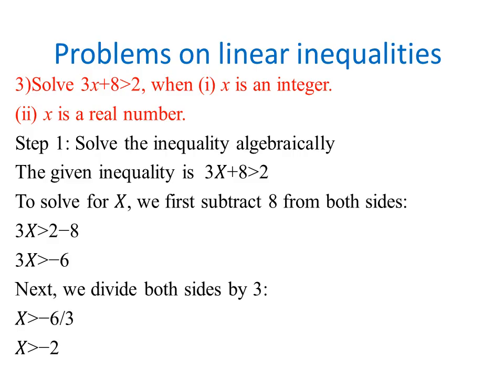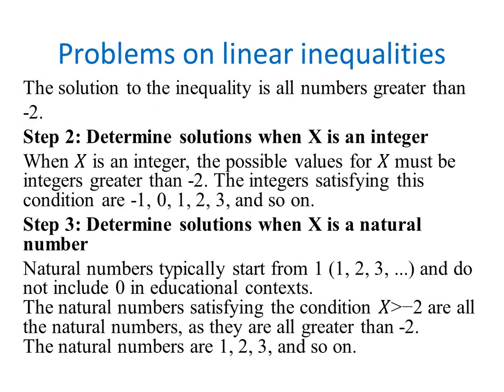Next, we divide both sides by 3. We get x is greater than minus 6 by 3, that is x is greater than minus 2. After this, the solution to the inequality is all numbers greater than minus 2.